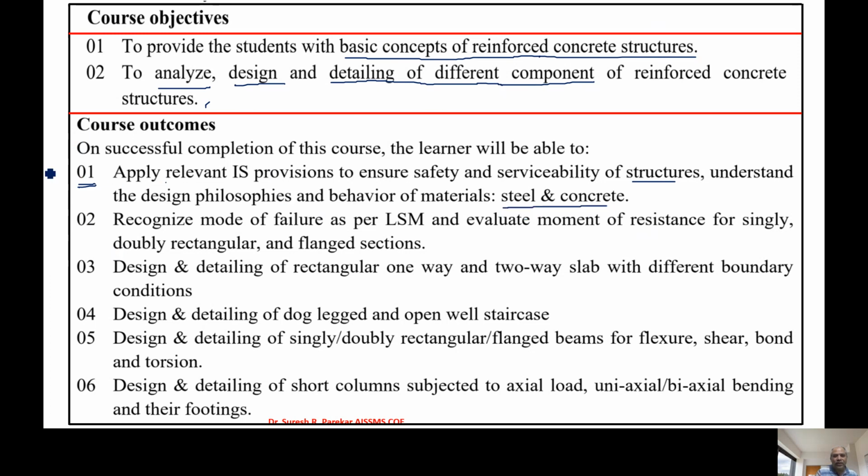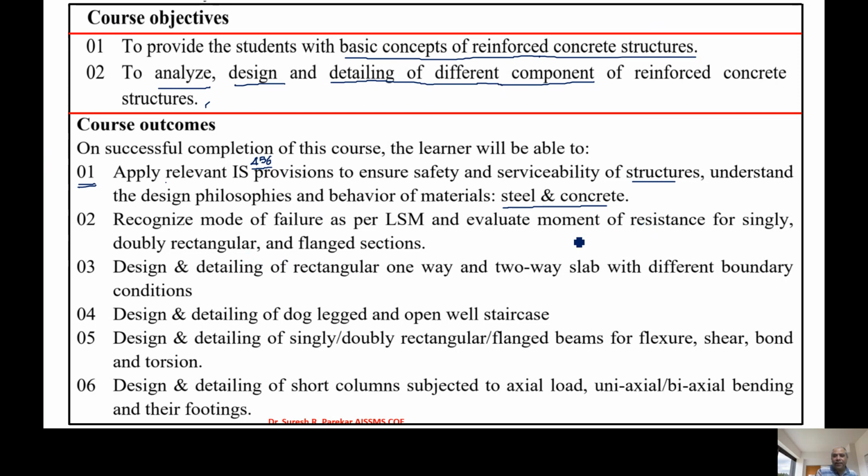For IS provisions, we are going to use IS 456, and we should be in a position to know all the provisions given in IS 456 related to concrete structures. We have other codes, but the main code we are going to use is 456. Second, recognize the mode of failure as per LSM and evaluate moment of resistance for singly, doubly, rectangular and flanged sections.